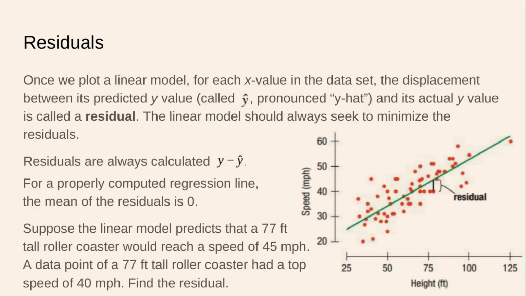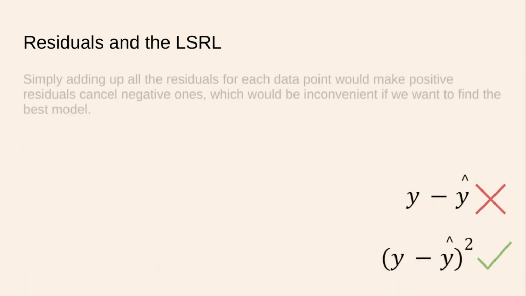So, in other words, if I were to treat all the residuals like distances instead of displacements, I want the collective distance between each of these data points and the regression line to be at a minimum. But wouldn't the line that does that also be the line that makes the squares of each of the distances collectively as small as possible? That's the power of what we're doing, okay?